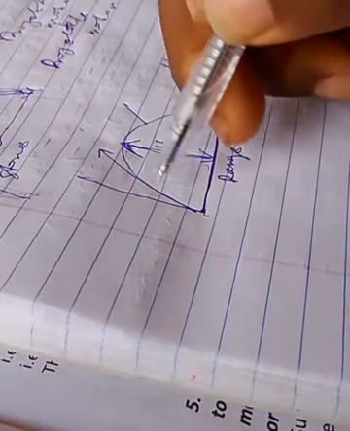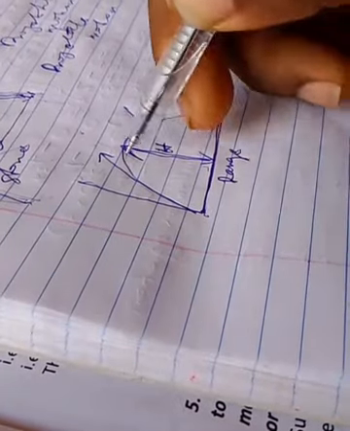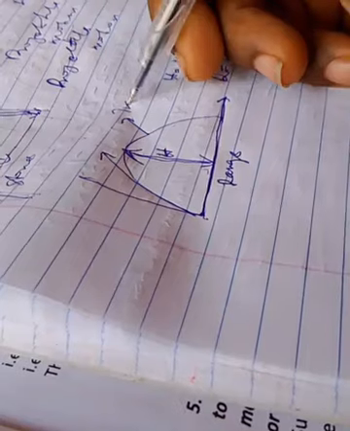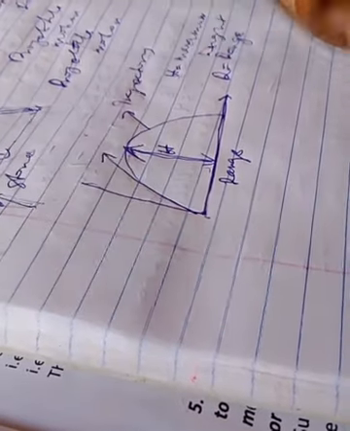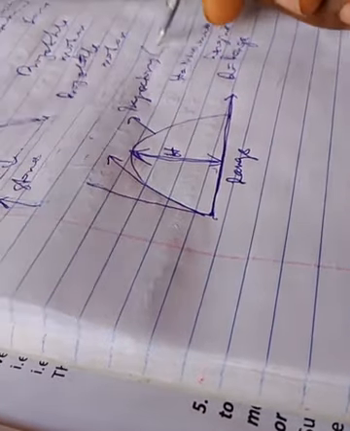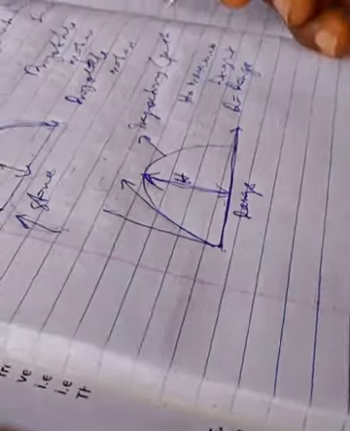The path the projectile is following is known as the trajectory of the projectile. You can call it the path, PATH, that a projectile follows.